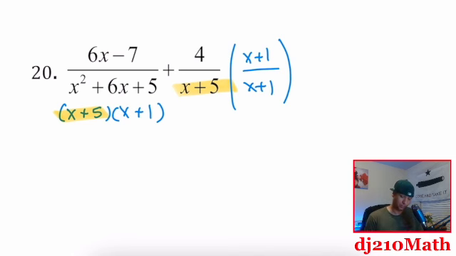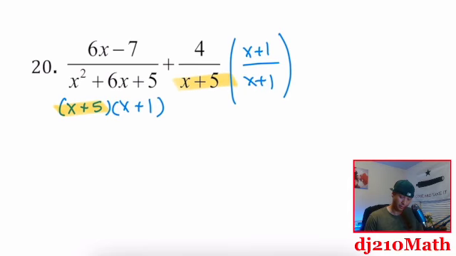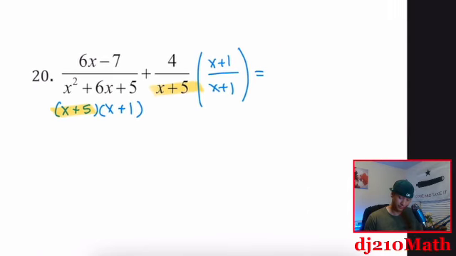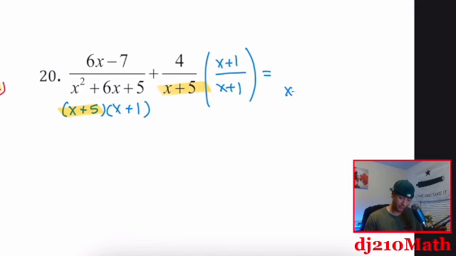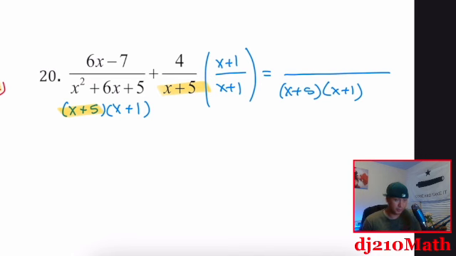So this is going to equal, again, x plus 5, x plus 1. That's what's on the denominator. So we're just going to make one big fraction. So we have 6x minus 7. And now we're going to distribute the 4. And it's a plus, right? So plus 4x plus 4 times 1 is 4.